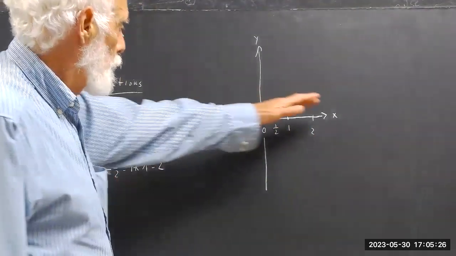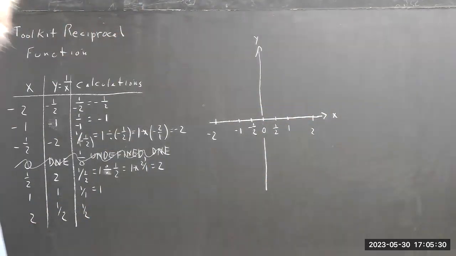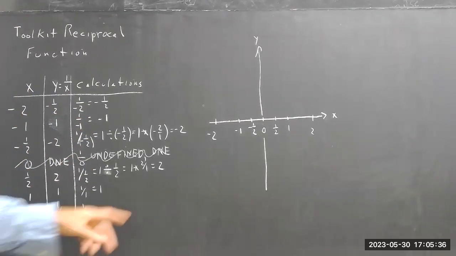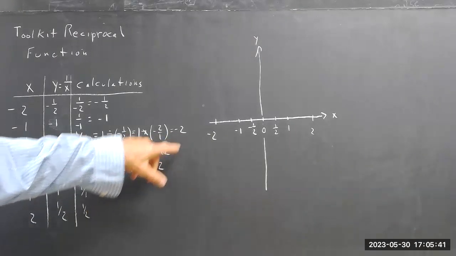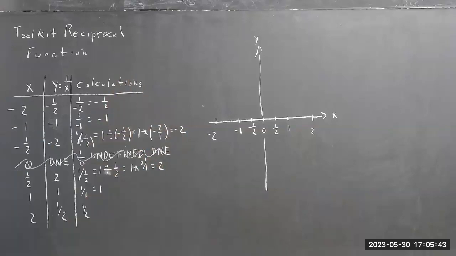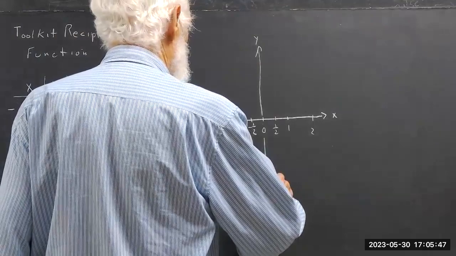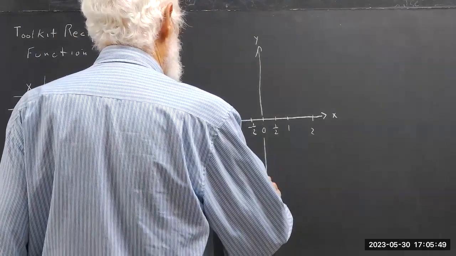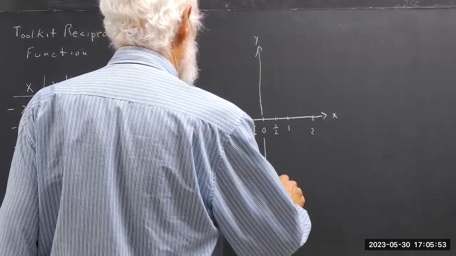Okay, so we know what these values are. Now we need to label the y-axis. What are the values on the y-axis? Well, the maximum value is 2, minimum value is -2. So we partition the interval on the y-axis from -2 to 2. So let's say, I'll do it here. This is -2.